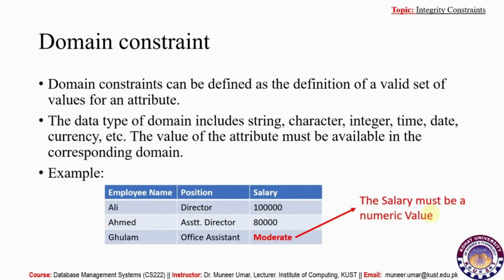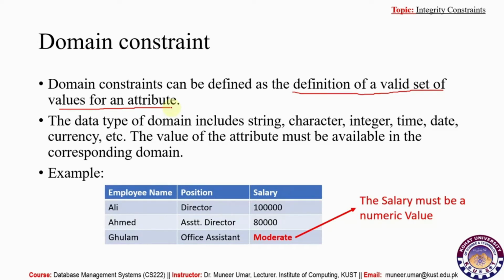First, we have domain constraint. Domain constraint can be defined as the definition of a valid set of values for an attribute, or simply to define the possible values for an attribute.